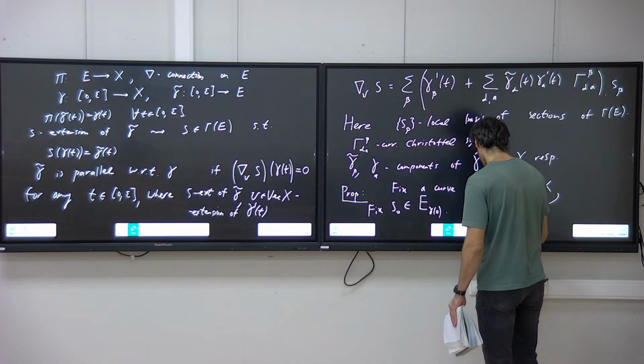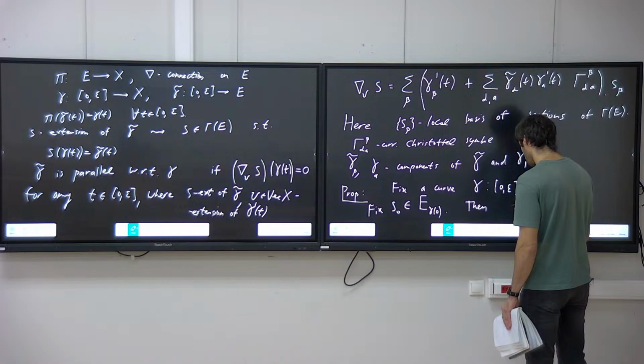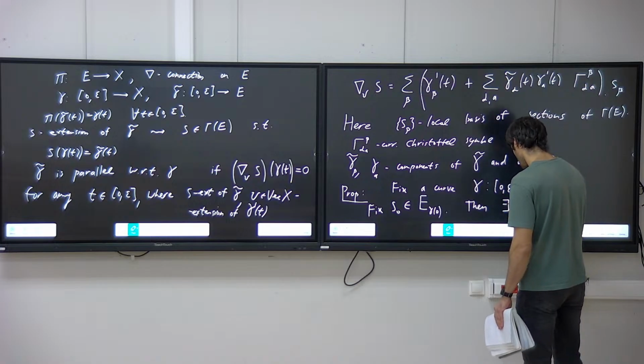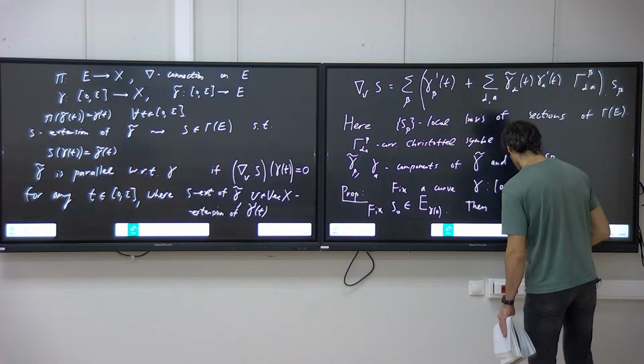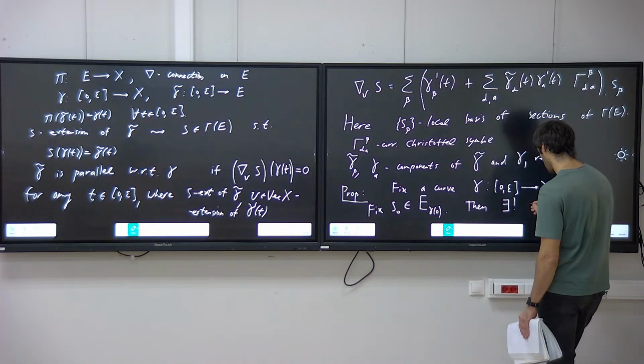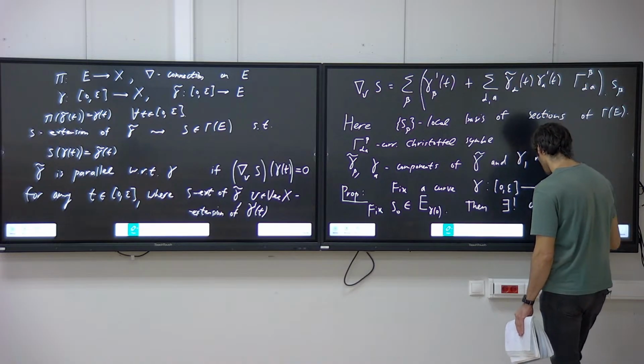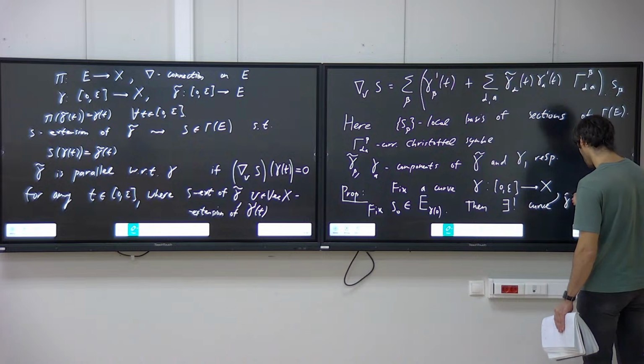Then there exists actually a unique curve gamma tilde.